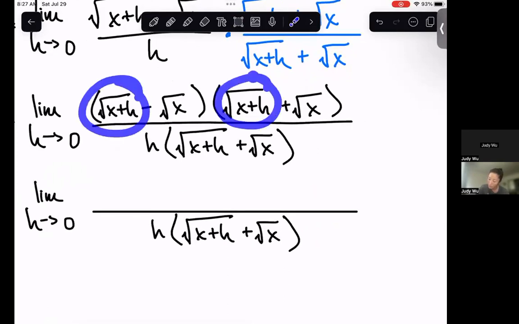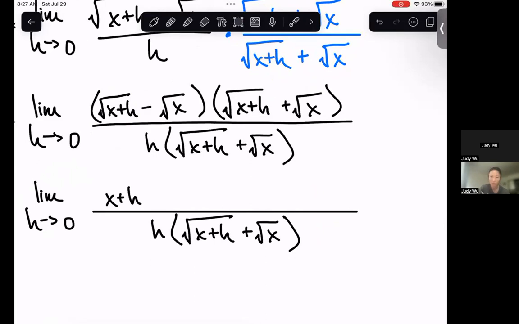First terms multiplied together, square root of x plus h times square root of x plus h will just give me x plus h. Then my outer terms, I have square root of x plus h times square root of x, and that will give me plus square root x plus h. And I know that looks gross and uncomfortable, and maybe we're thinking, well, do we need to simplify it? How do we simplify it?